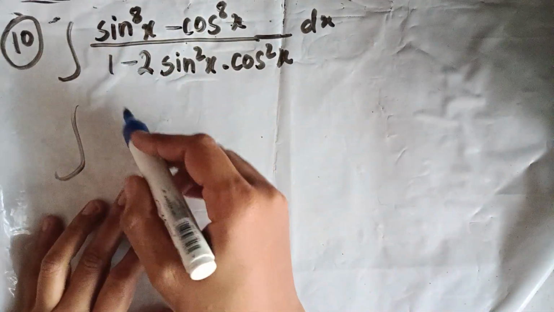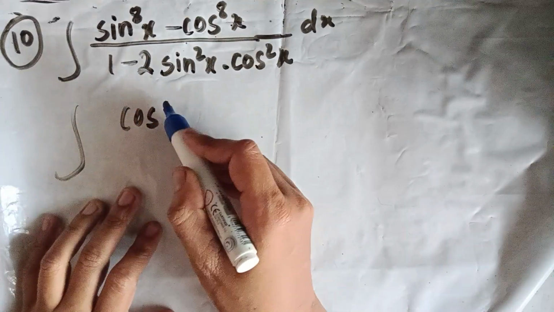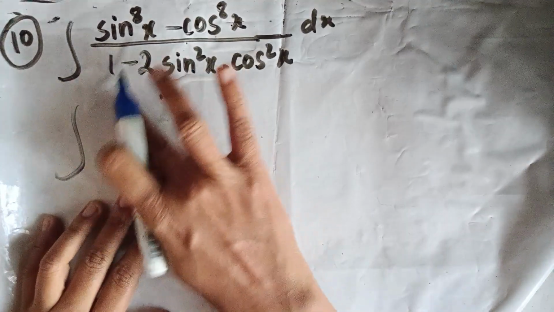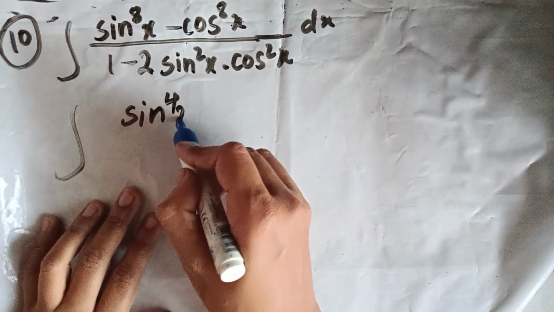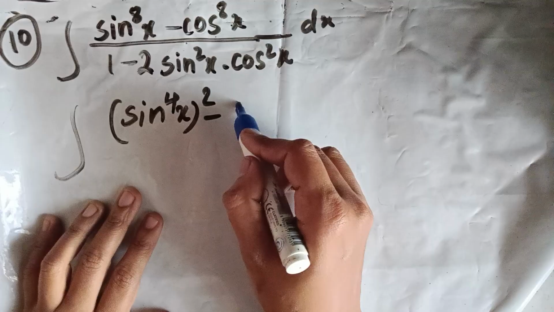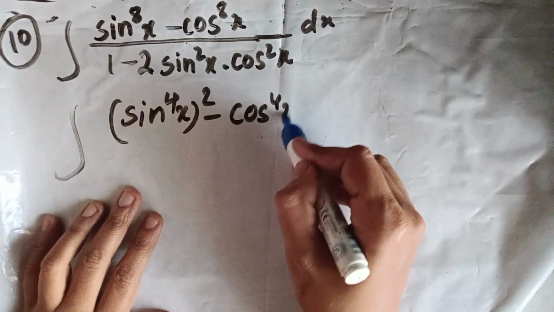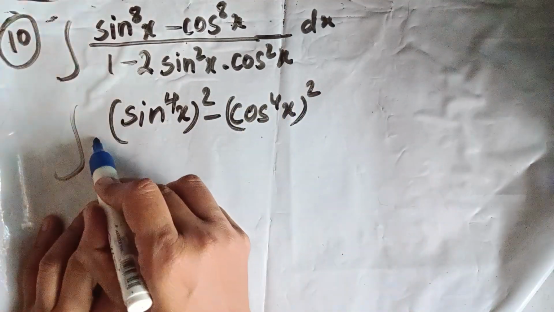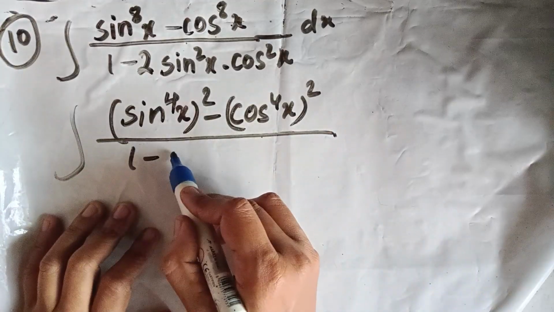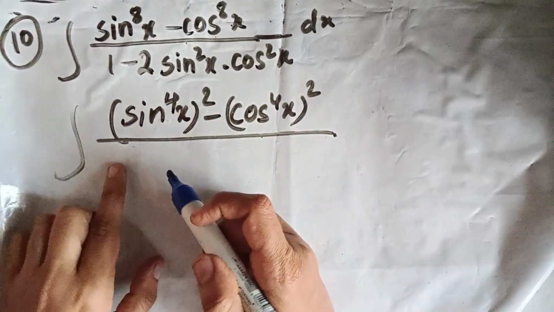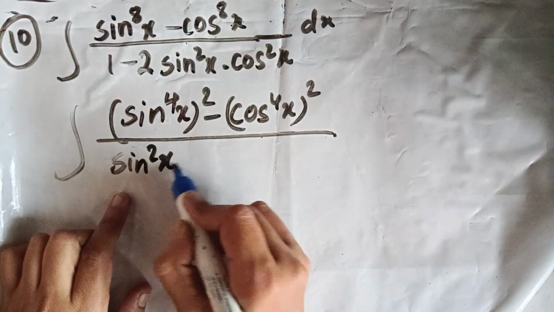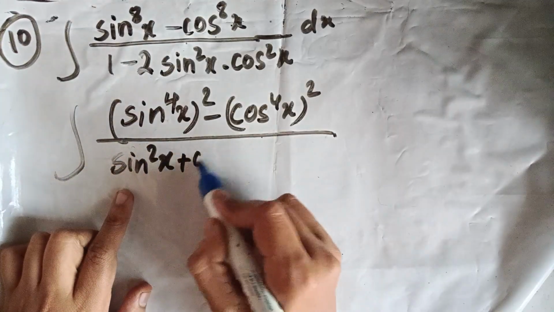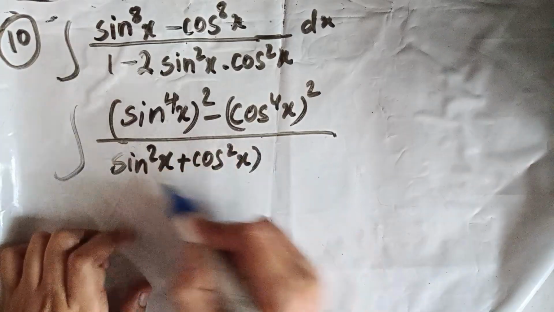So I can write this as sine 4x square minus cos 4x square upon 1 minus, here also we can substitute something. 1 we can write as sine square x plus cos square x the whole square.